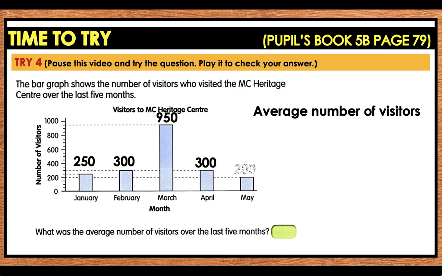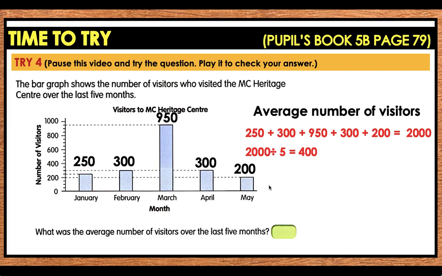And May, 200. So, add 250 plus 300 plus 950 plus 300 plus 200 is equal to 2,000. After that, divide it by 1, 2, 3, 4, 5. So 2,000 divided by 5 is 400.